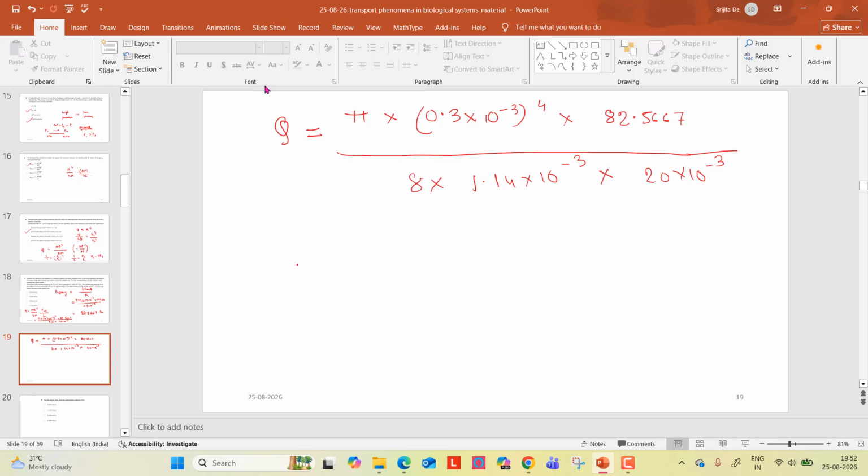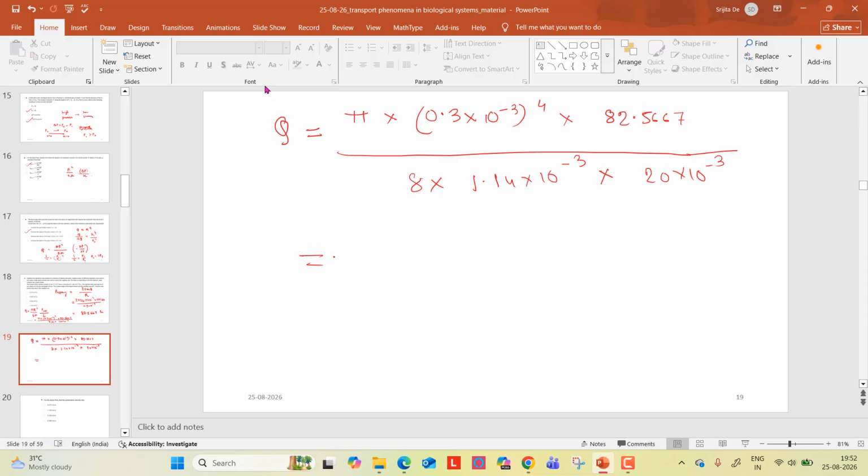Okay. So just simply calculate the terms. 3.14 into 0.3 to the power 4 into 82.5667 divided by 8, into 1.14, into 20.